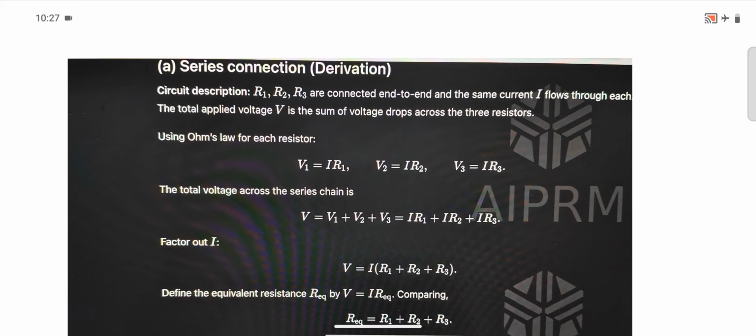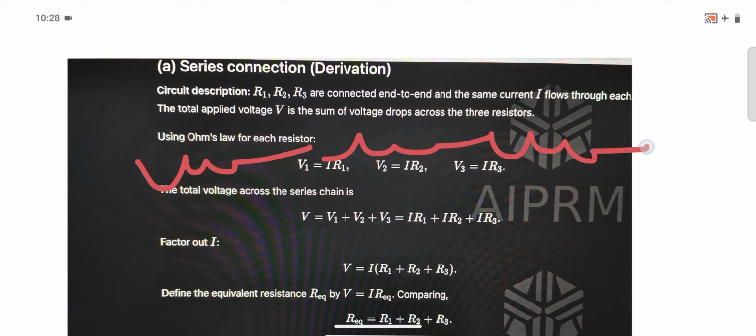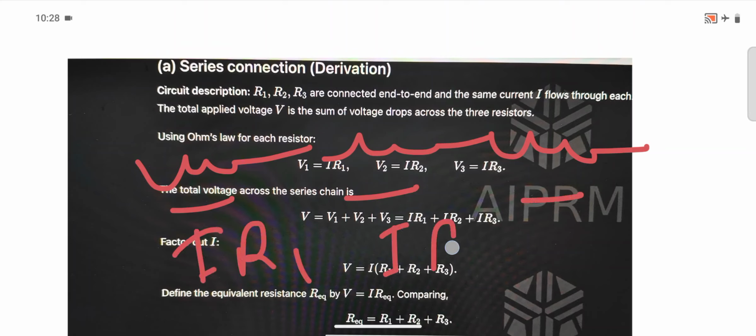Current flowing through the circuit is I and potential difference is V, which is the total sum of the voltage drop across all the three resistors. Now, using Ohm's law, V is equal to IR through each resistor, so the voltage drops are IR1, IR2, IR3.